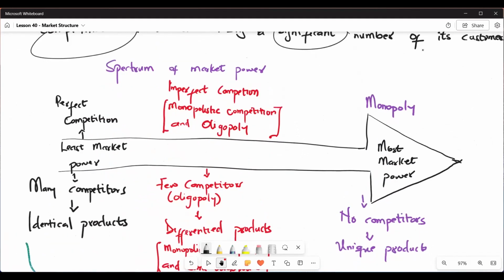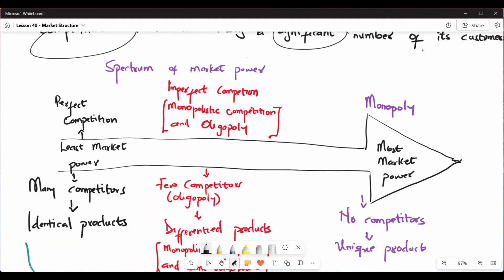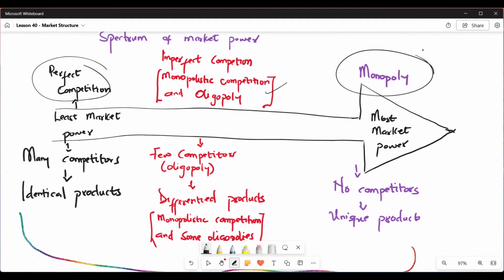Now let's look at the spectrum of market power relating to the different market structures. So the two extreme ends are perfect competition and monopoly. And then we have oligopoly and monopolistic competition in the middle. So if we start from perfect competition, they have the least market power. What does this mean? They have many sellers in a market selling very identical goods.